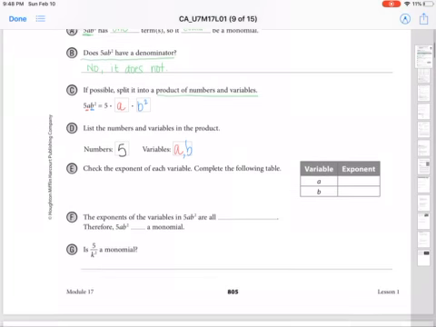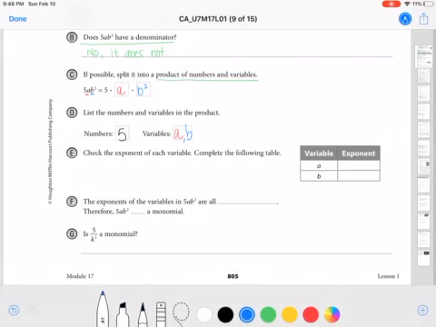And so we're going to continue on. We're going to check the exponent of each variable. So we're going to complete the following table. And so we notice that the exponent on A is actually going to be 1, because we only have one A, and then our exponent on B is going to be 2 because we see that it is squared here.